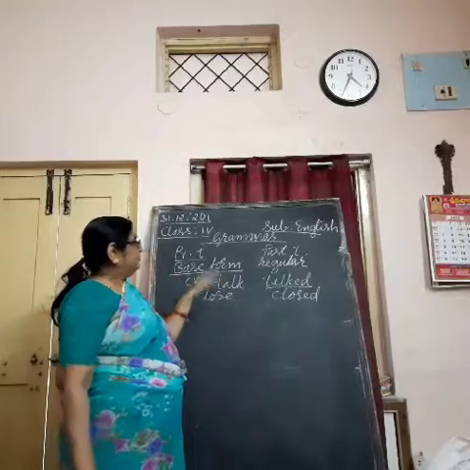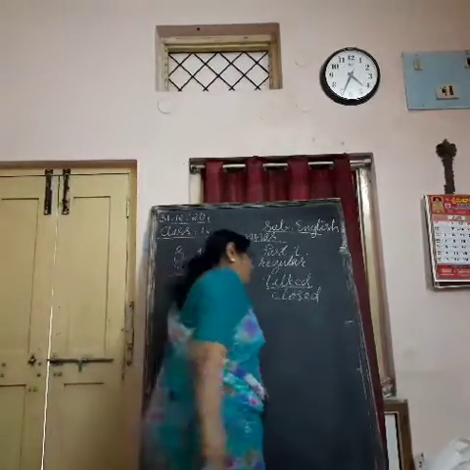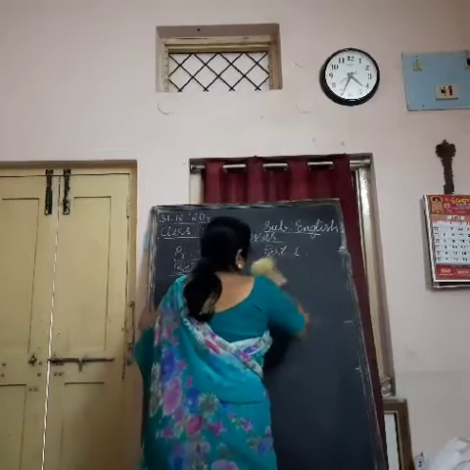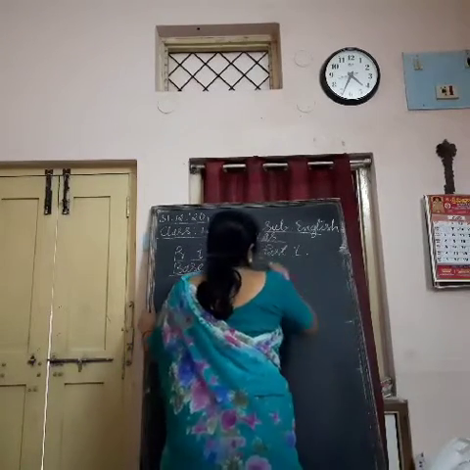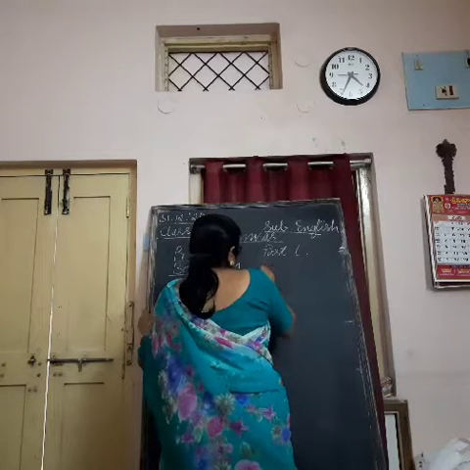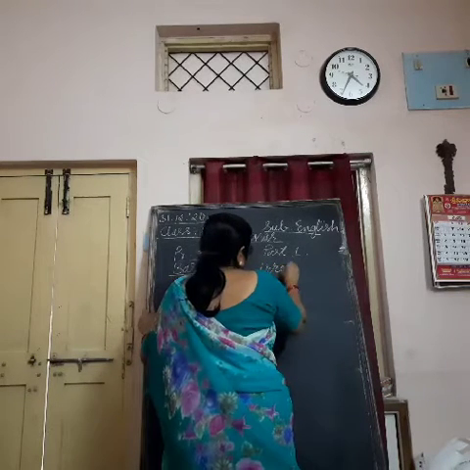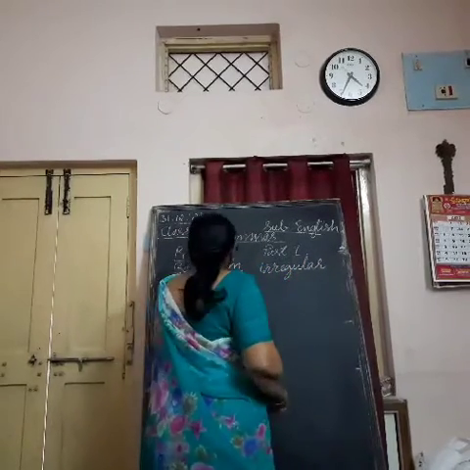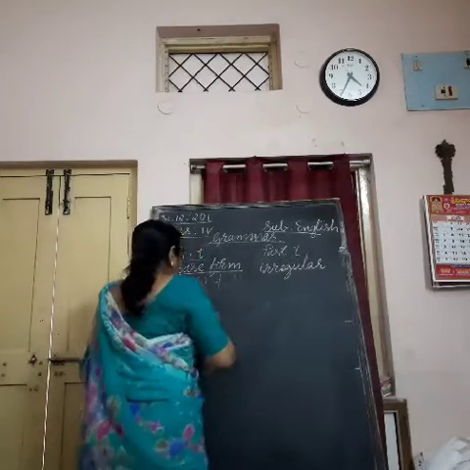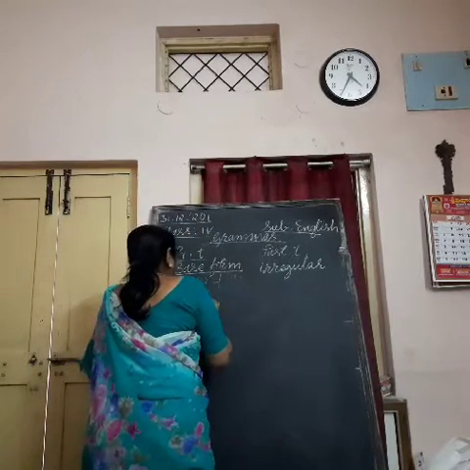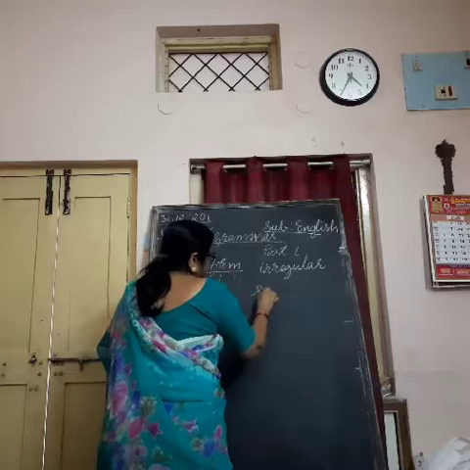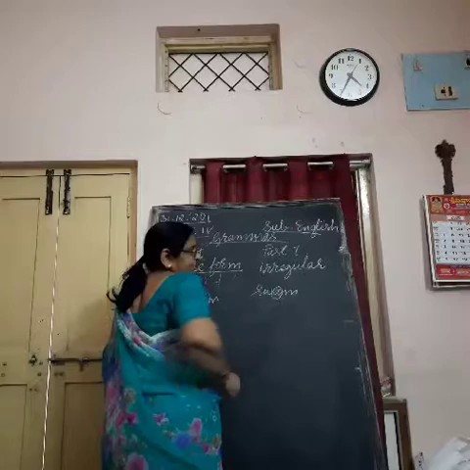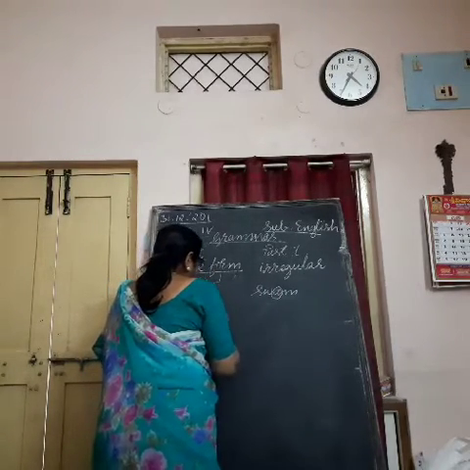Now, irregular form means what we did: we changed the vowels or the spelling. For example, swim, we wrote swam in past tense. Here I is changed into A. Run, ran.